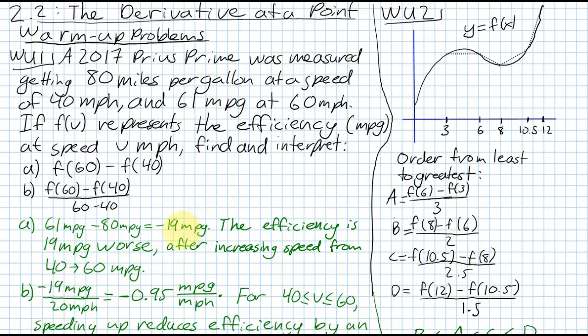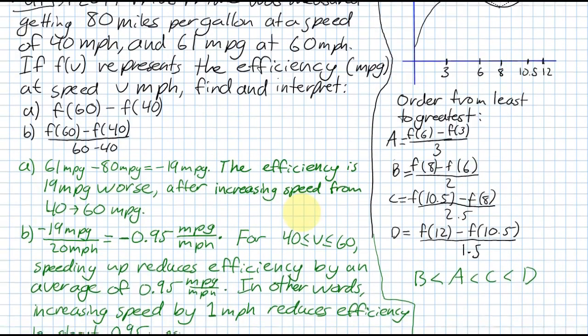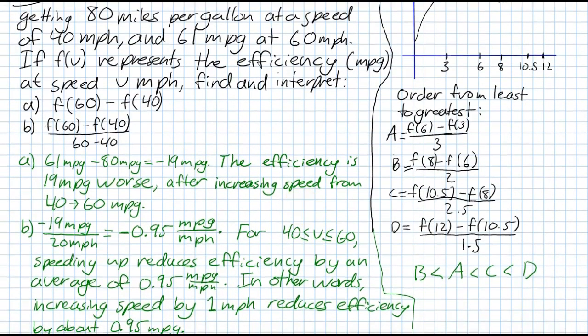And that number is negative because as the velocity increases here from 40 up to 60, the efficiency gets lower from 80 down to 61. So it's a decrease of negative 19 miles per gallon. The efficiency is 19 miles per gallon worse after increasing the speed that much.